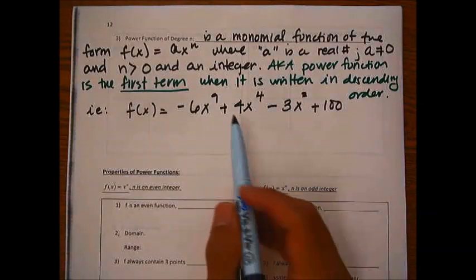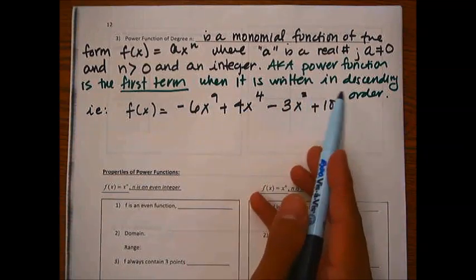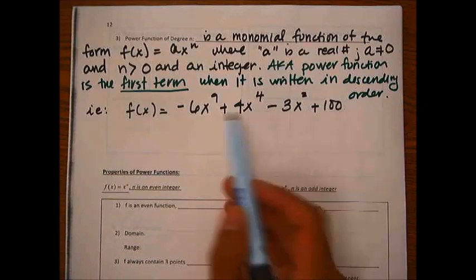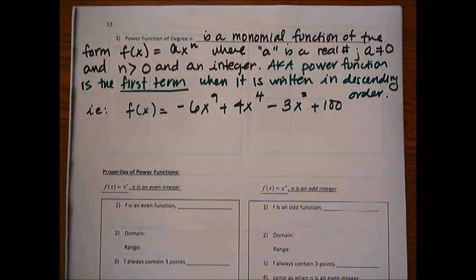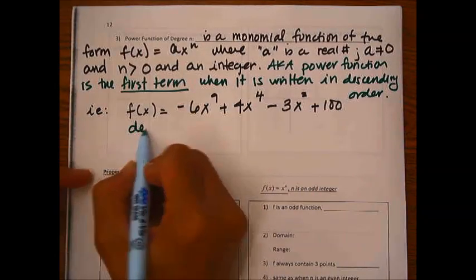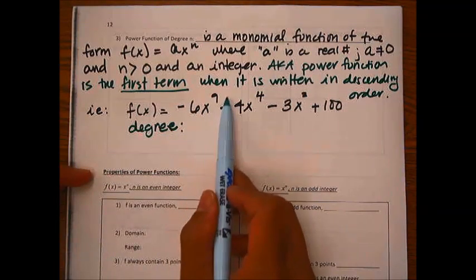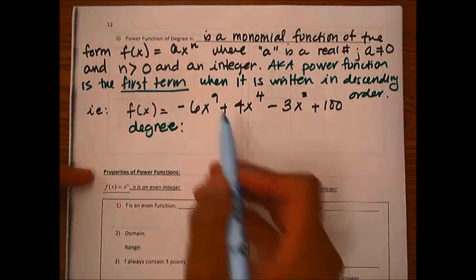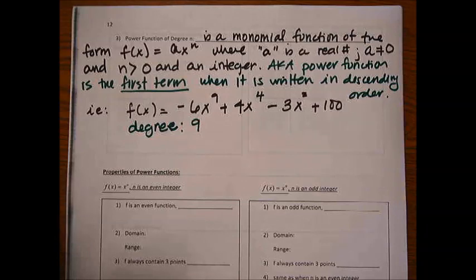What you need to check for are the exponents. Are these all positive and are all of them whole numbers? If they are, you're good, because a can be anything, the leading coefficients included. So let's talk about the degree of this polynomial. The degree is the highest power of x. Because this is already in descending order, the highest power of x is 9. So the degree is 9.